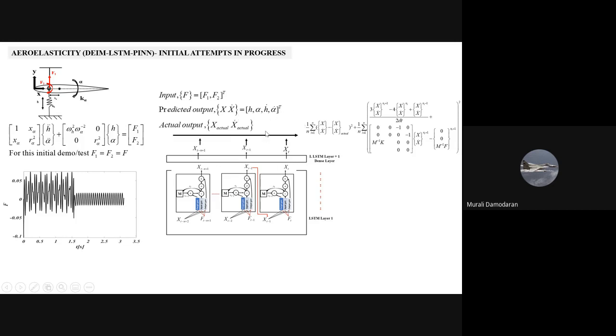If you add a PINN to it, you take this output and put it inside the PINN, which is the differential equation here. So this is the uninformed, and this is the physics. We do this in Keras. When we were evaluating the automatic differentiation in Keras, we ran into some issues, so we wrote our own for this, because it's quite a simple case, and that seemed to work.